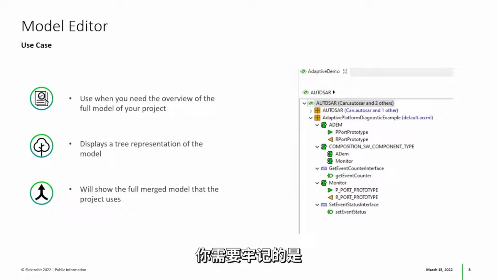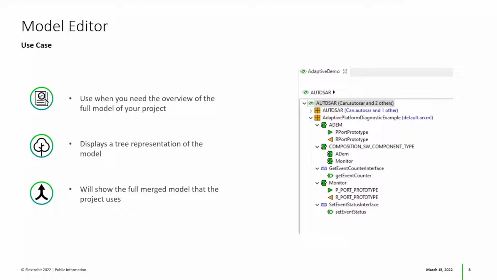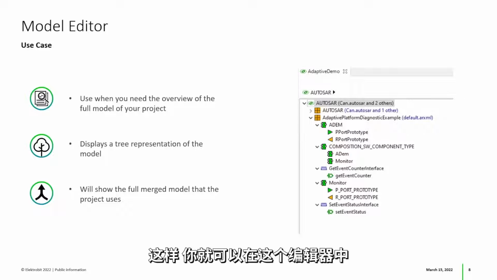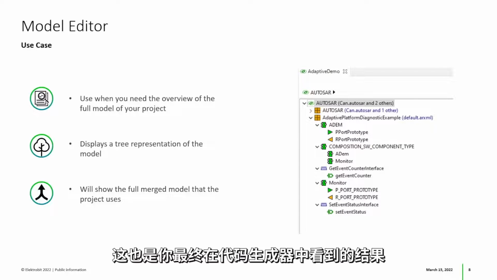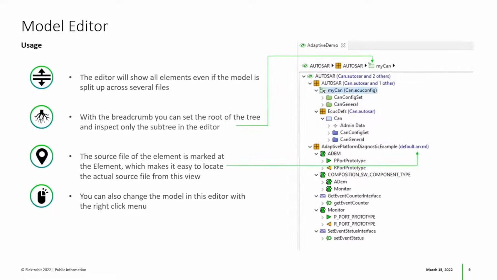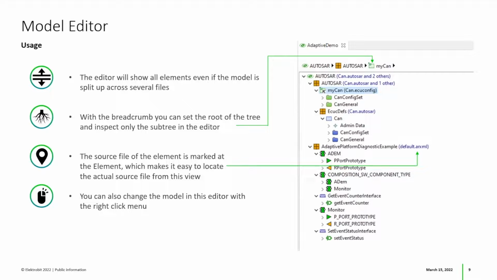And what you have to keep in mind is that it will show you the full merged model of your project. So all the files that are scattered around your project, you will see in this editor. And this is also what your code generators then see in the end. The editor will show you all elements, even if split up.